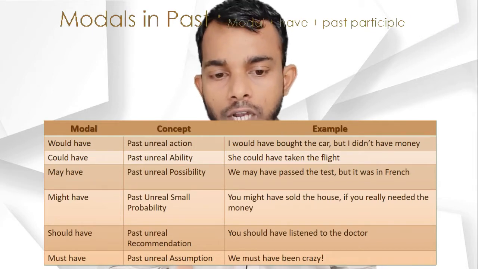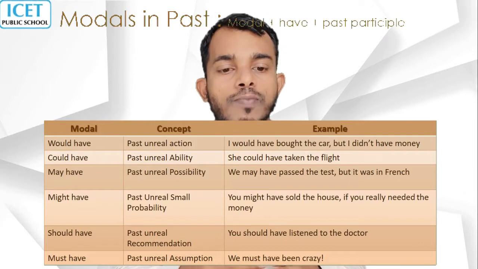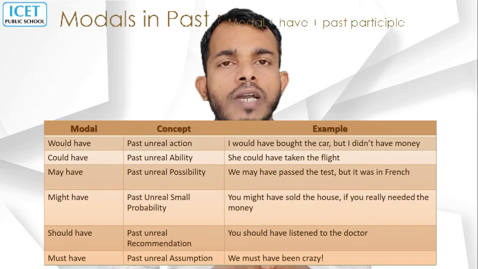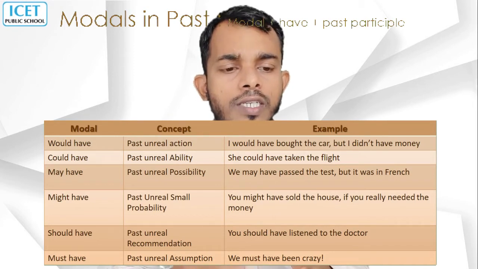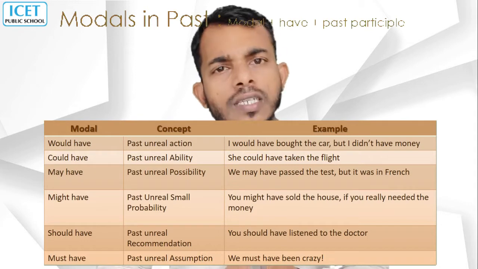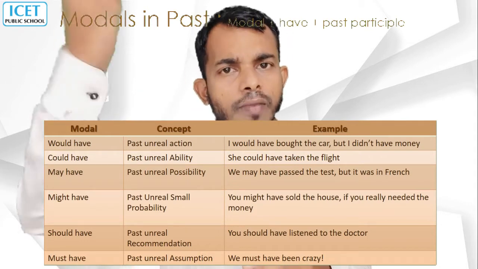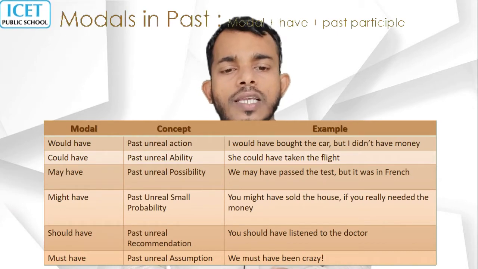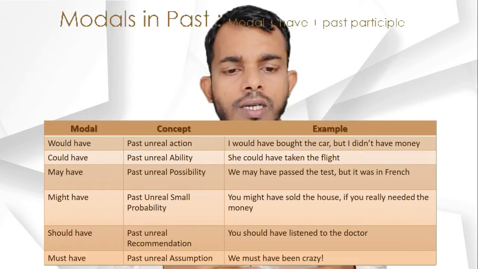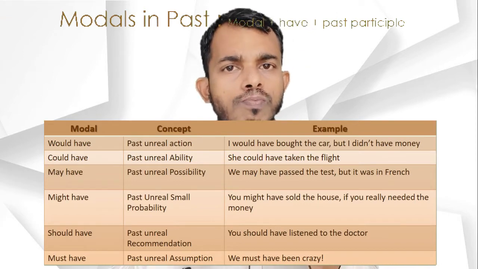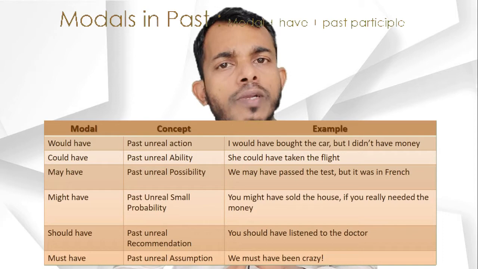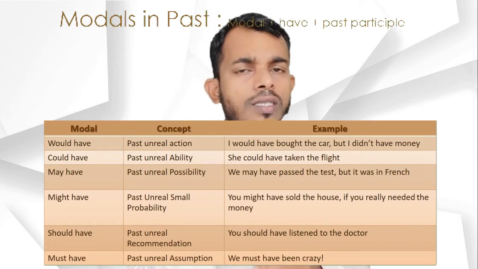Then might have can also be used to express a probability. He might have sold the house if he really needed the money. Showing an unreal small probability. For example, sir might have completed the paper correction, might have come, showing a small probability.